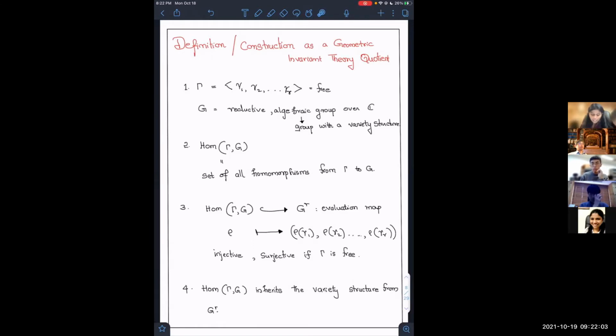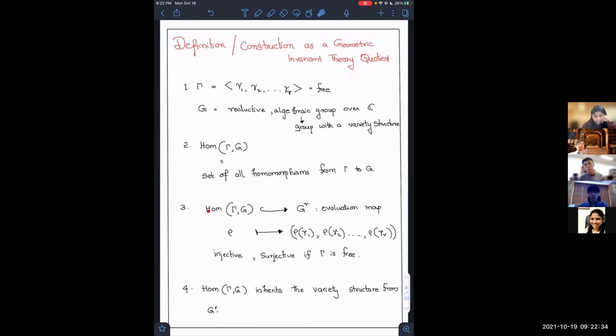And G is again a reductive algebraic group with a complex affine variety structure. Then we look at the set of homomorphisms from gamma to G. This is just a set, right? Now there is no structure on the set of homomorphisms. So we want to give it a variety structure, and we know G is already a variety, because it's an algebraic group.